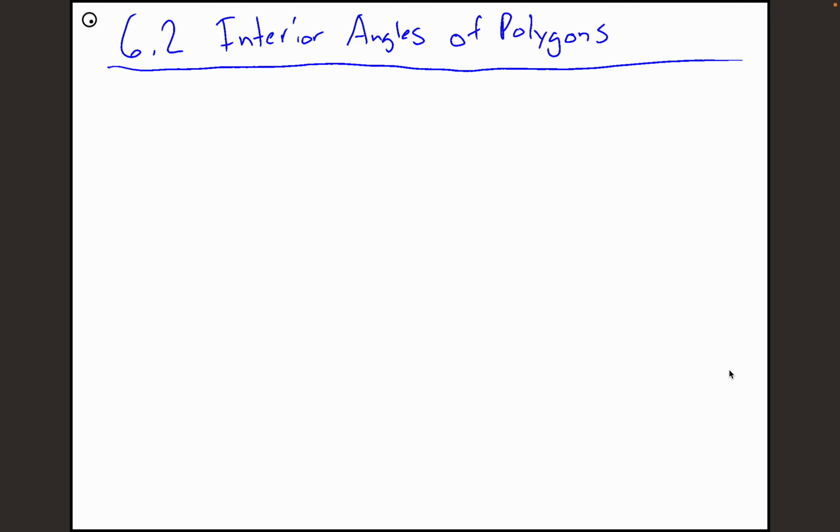To find the interior angles, it's going to be n minus 2 times 180. This is the biggest equation that you need to know. N is represented by the number of sides.